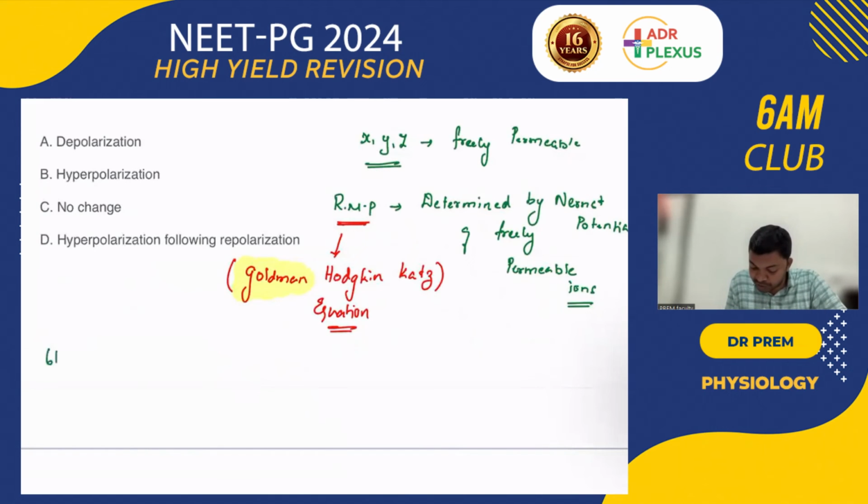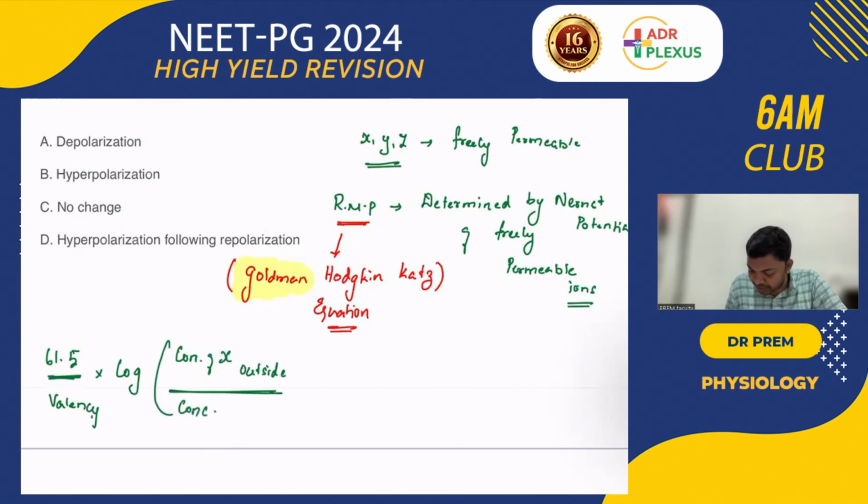So it's going to be 61.5 divided by valency, whether it is a cation or anion, multiplied by log of the concentration of ion X outside the cell divided by the concentration of ion X inside the cell, and multiplied by their respective permeability.